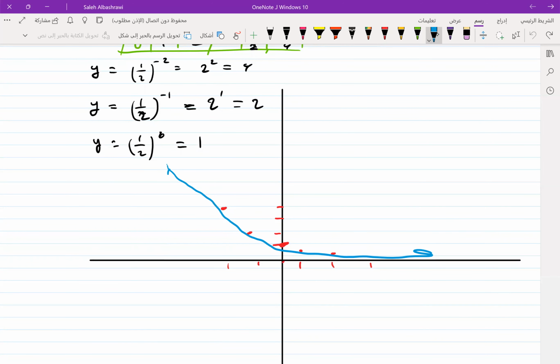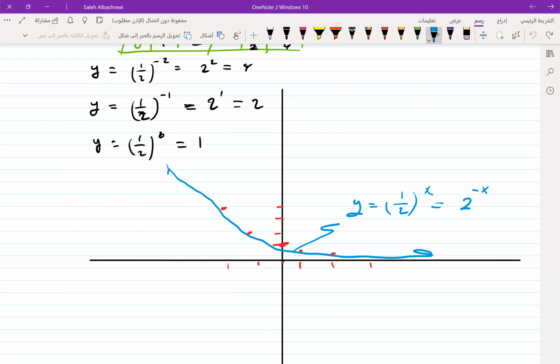So this is the graph of the function y equal to 1/2 to power x, and also we can write it as 2 to power -x. So it is 1/2 to power x or 2 to power -x.